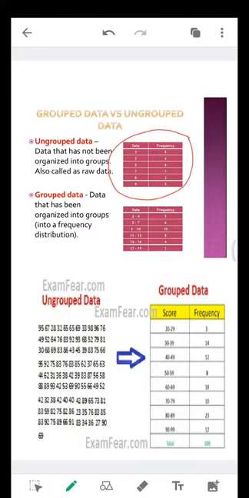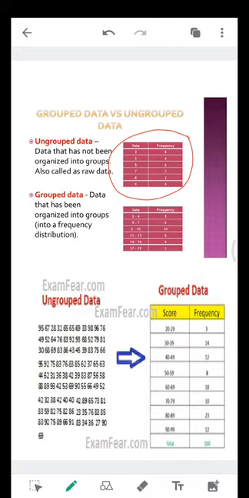This is called ungrouped data, and in the last class you have learned how to find mean, median and mode of ungrouped data. If the data is very large, suppose the data of a company's employees or the data of the whole school's students, then it will be difficult for us to study or analyze that.